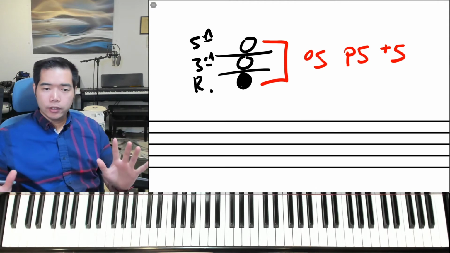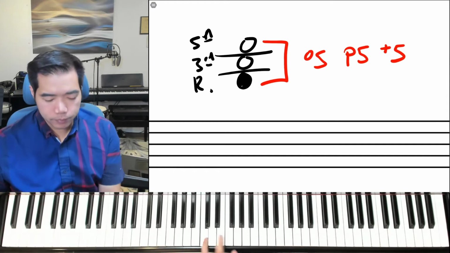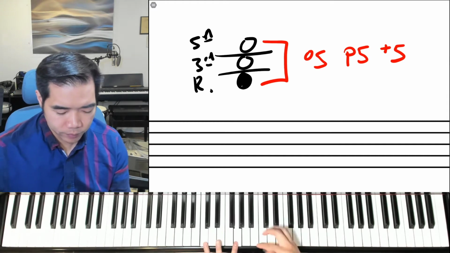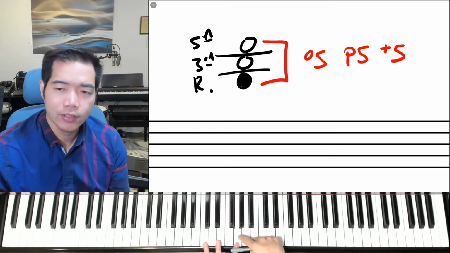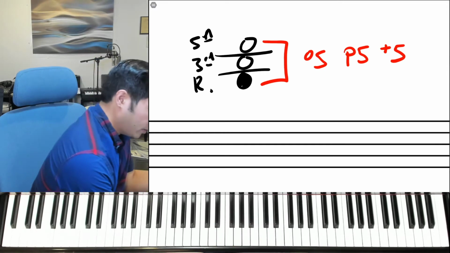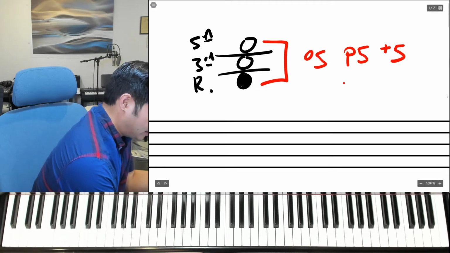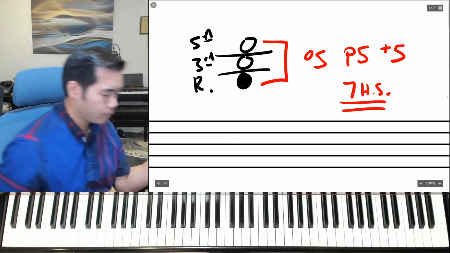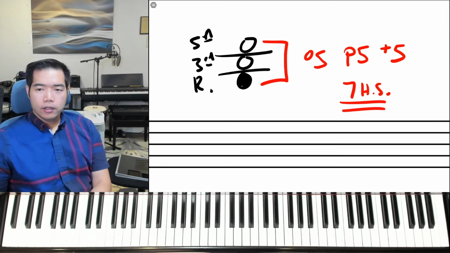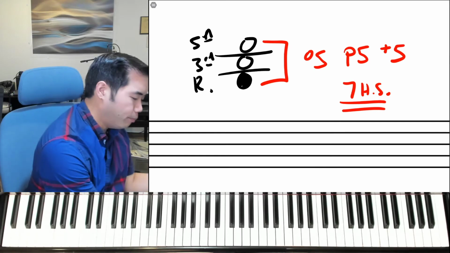Now, as a reminder, a perfect fifth, like C to G, has 1, 2, 3, 4, 5, 6, 7 half steps. It has 7 half steps. That's one way to determine if it's a perfect fifth.